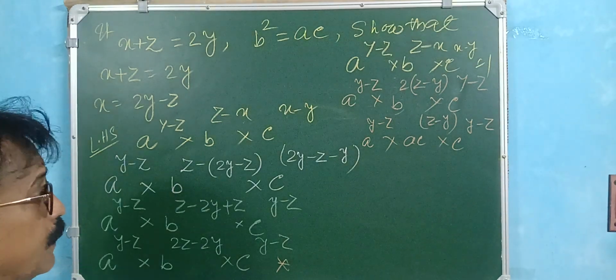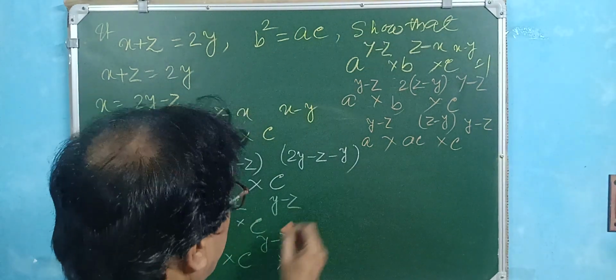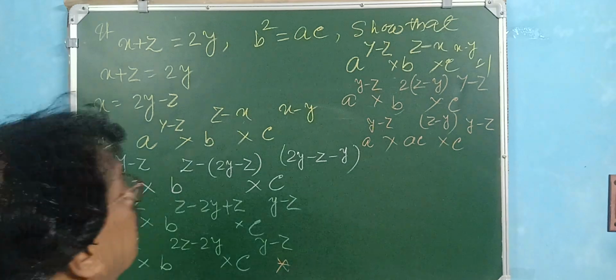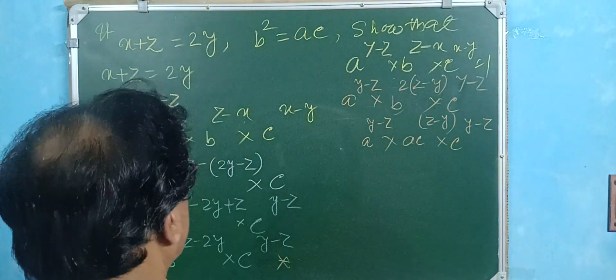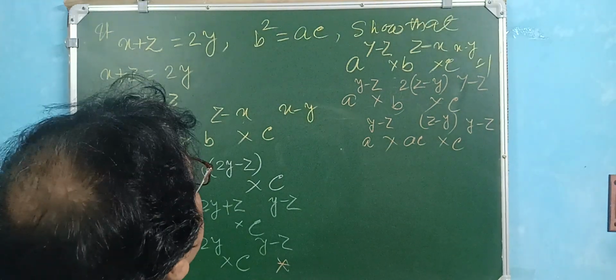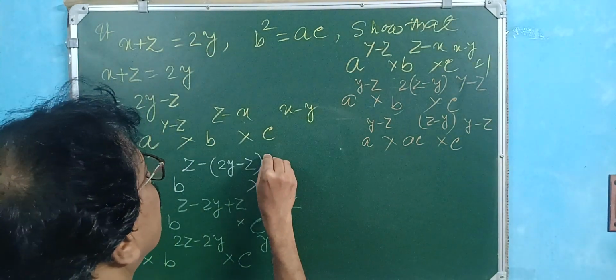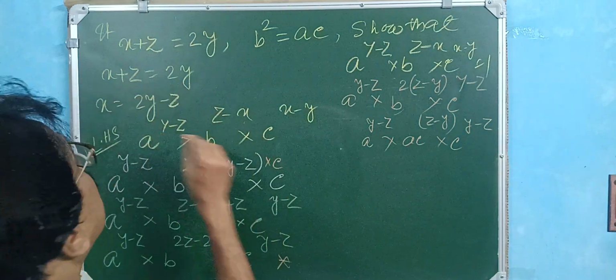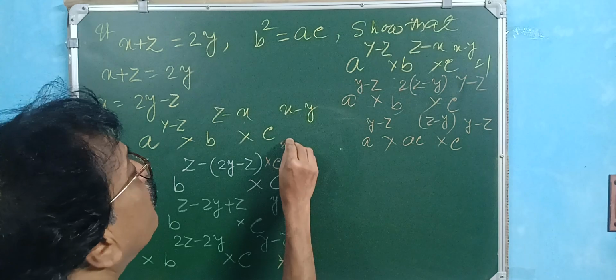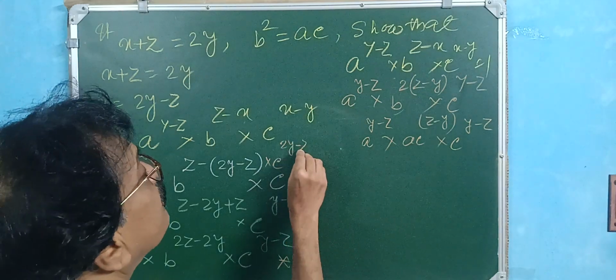Here is, I will write it smaller, this is into c, in case of x this is 2y minus z minus y.